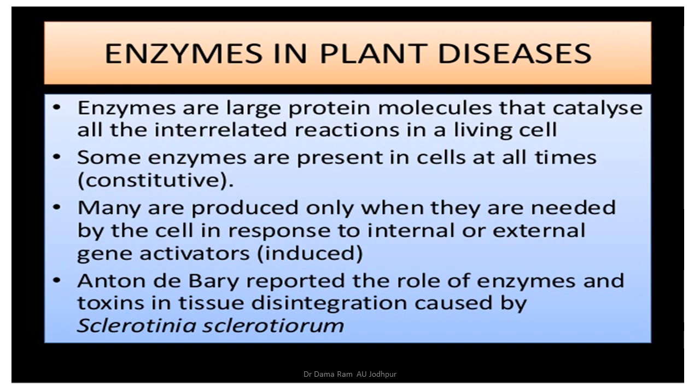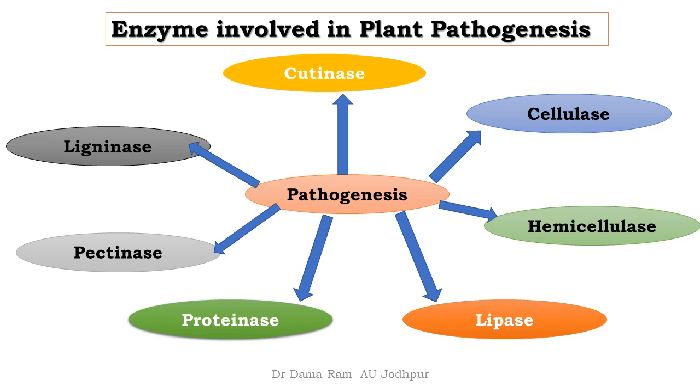The second is the killing factor, which is due to the toxin oxalic acid. And one more scientist is Jones. He reported pectolytic enzymes from soft rot bacteria and so on.